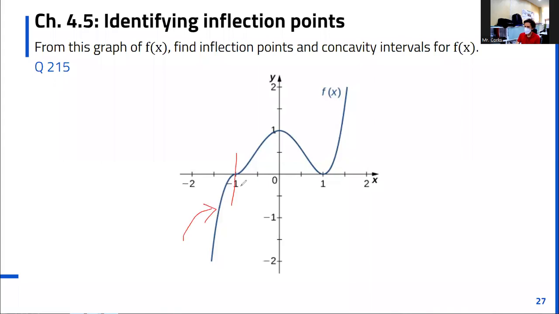We hit this inflection point and we start curving up briefly, but we have another inflection point and we start curving down again to some inflection point about here. And then we are curving up for the rest of it. So down, then up, then down, then up. 4 of these intervals and 3 inflection points. And we can estimate, it looks like these are happening at about -1 and -0.5 and +0.5.